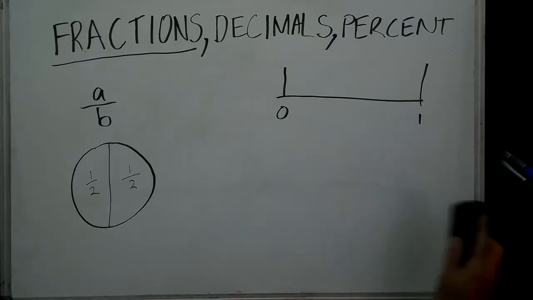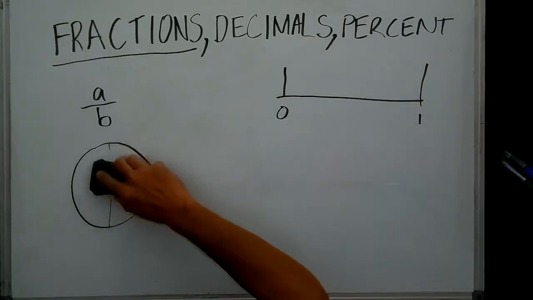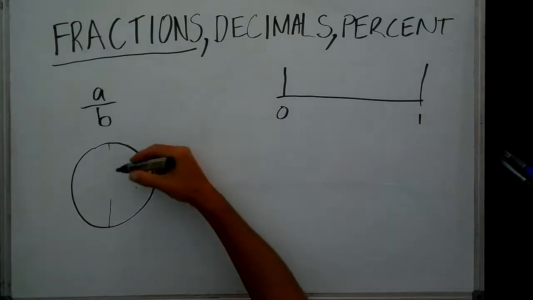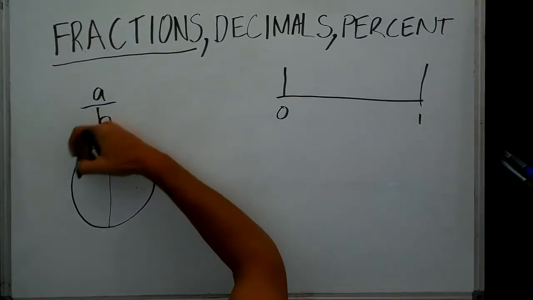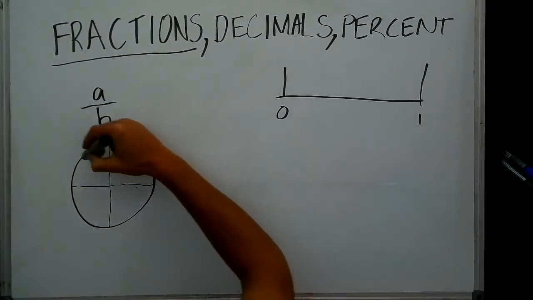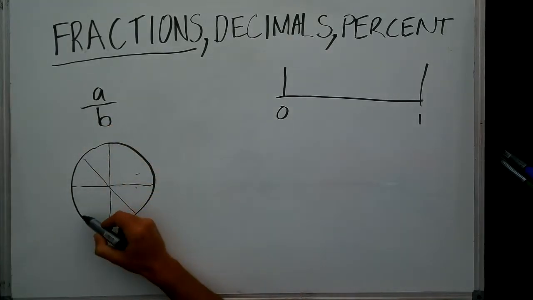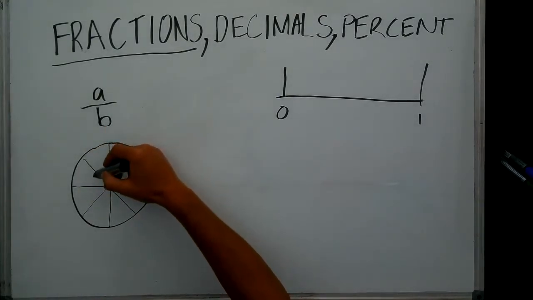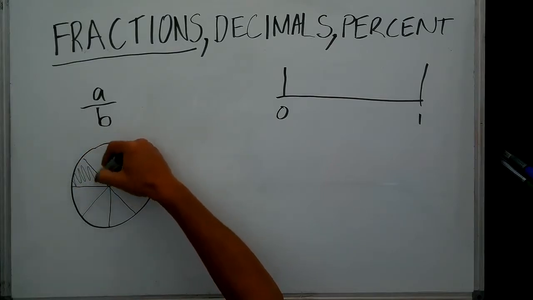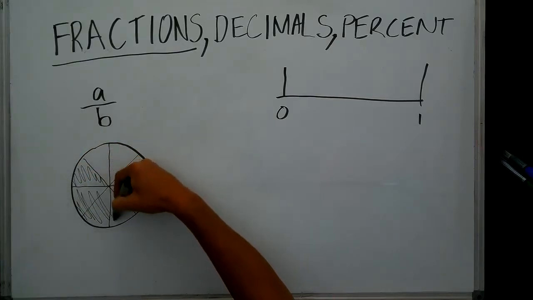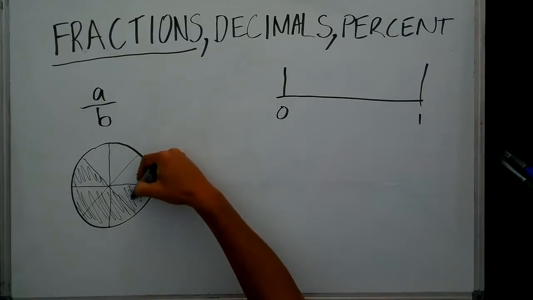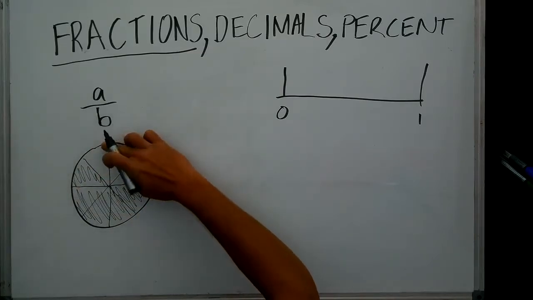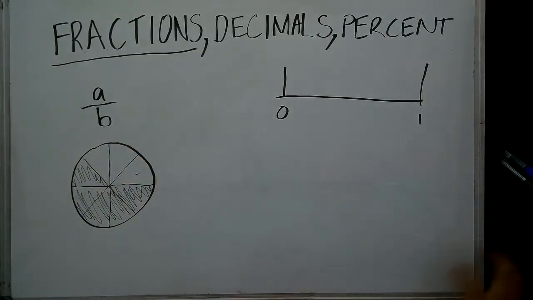So for example, if we cut the pizza into 8 pieces, and then we eat 3 of the pieces of pizza, so all we really have left is this bit. Those bits are gone. Let's rub that out.